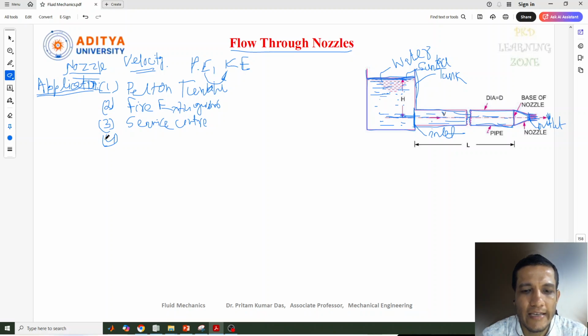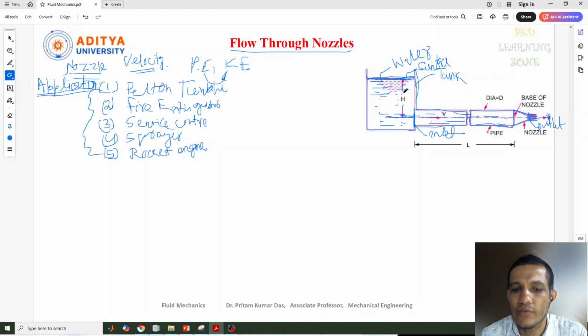Next, even a simple sprayer, any kind of sprayer, we can use a small nozzle in it. Next I can give the rocket engine also. This is the advanced version I'm telling. In that place also we can use the nozzle. So many places we can use this nozzle.